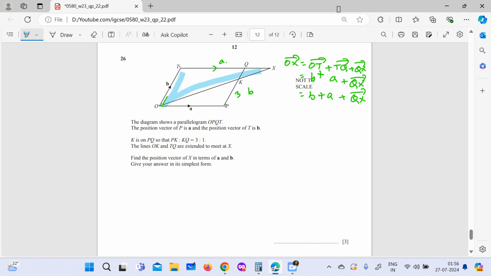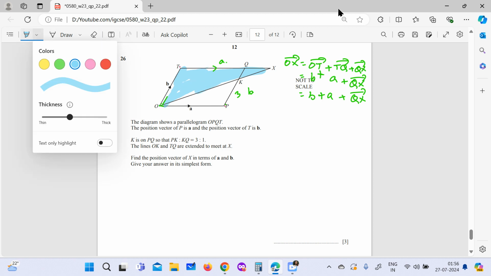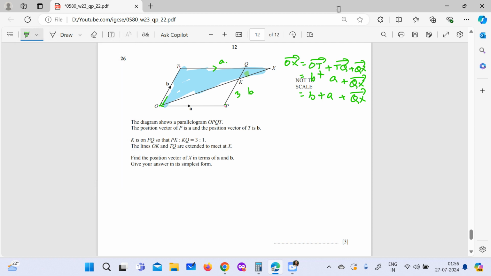You can see the bigger triangle. This triangle OTX is similar to this smaller triangle, triangle KQX.